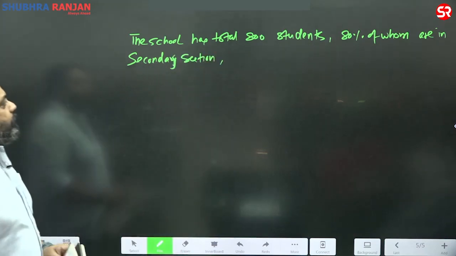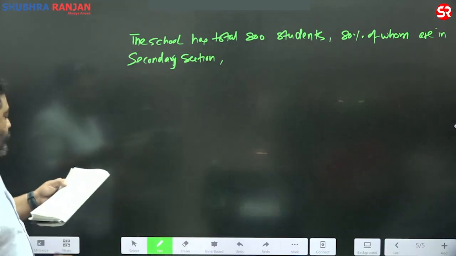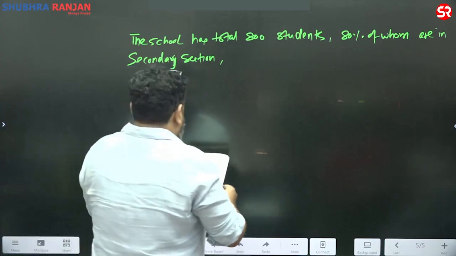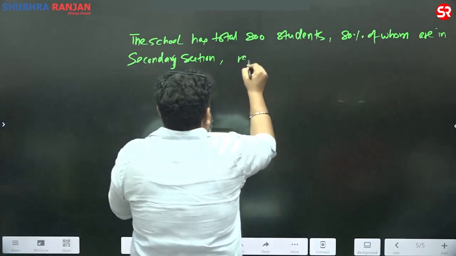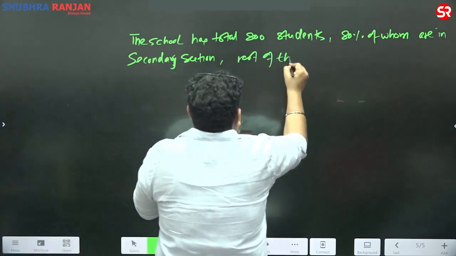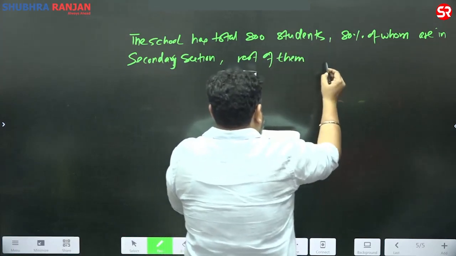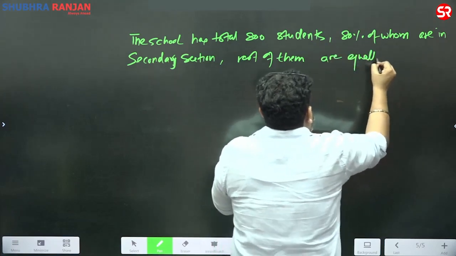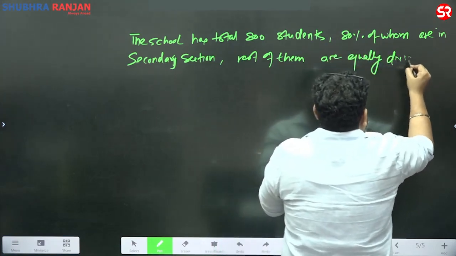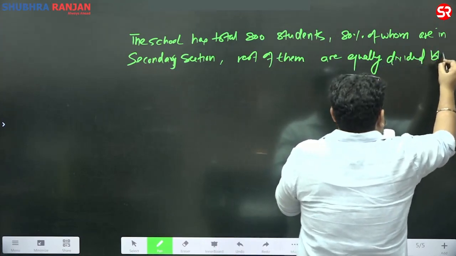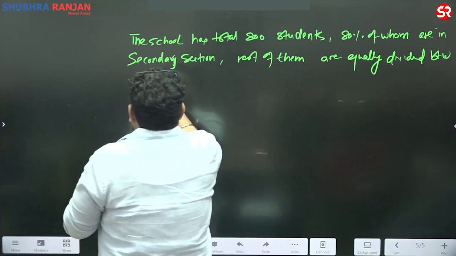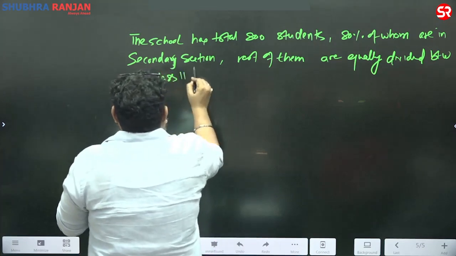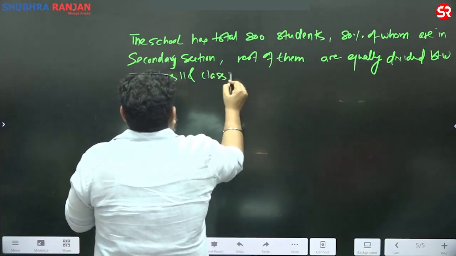The school has total 800 students, 80% of whom are in secondary section. Rest of them are equally divided between class 11 and class 12.